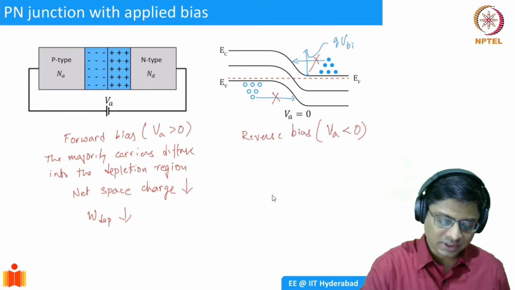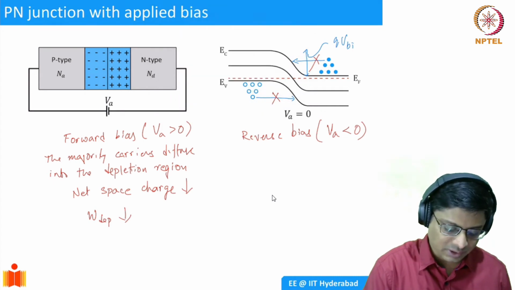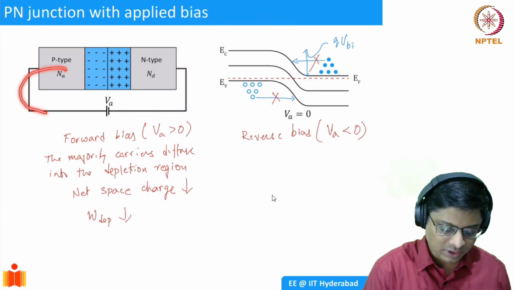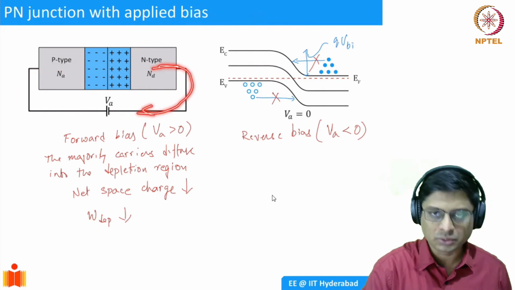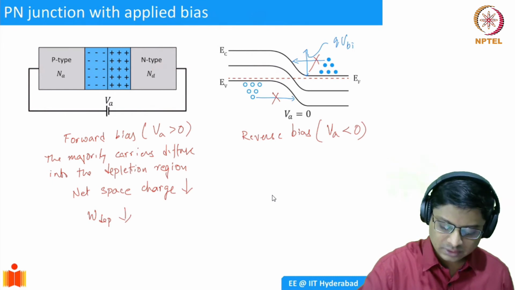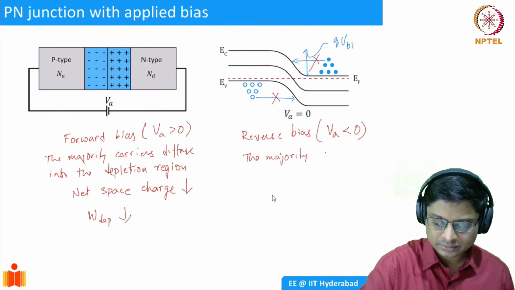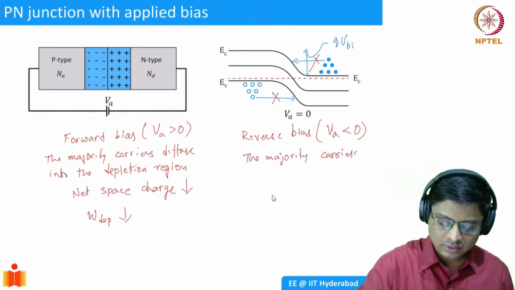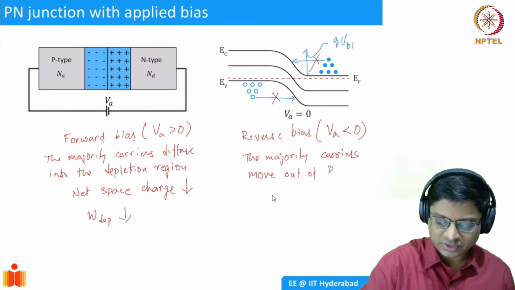Because we are applying a negative voltage in reverse bias, holes will come out into the battery, and electrons also will come out because the positive voltage will attract them. So in reverse bias, the majority carriers move out of the PN junction device.